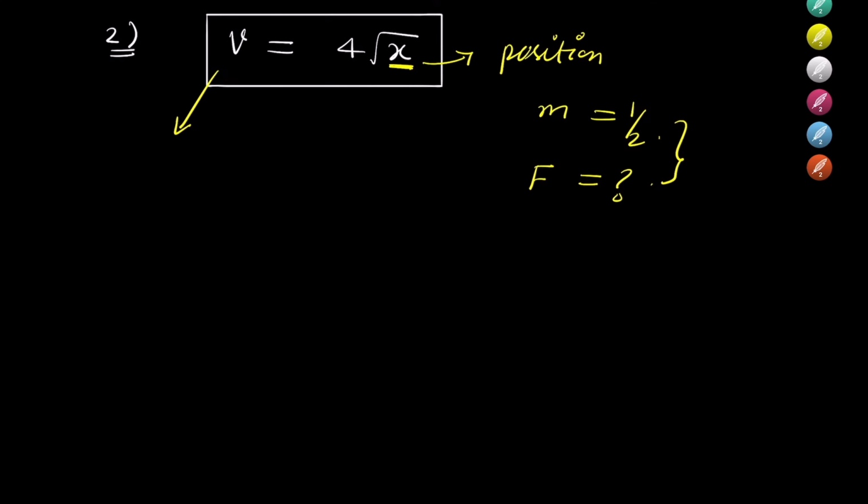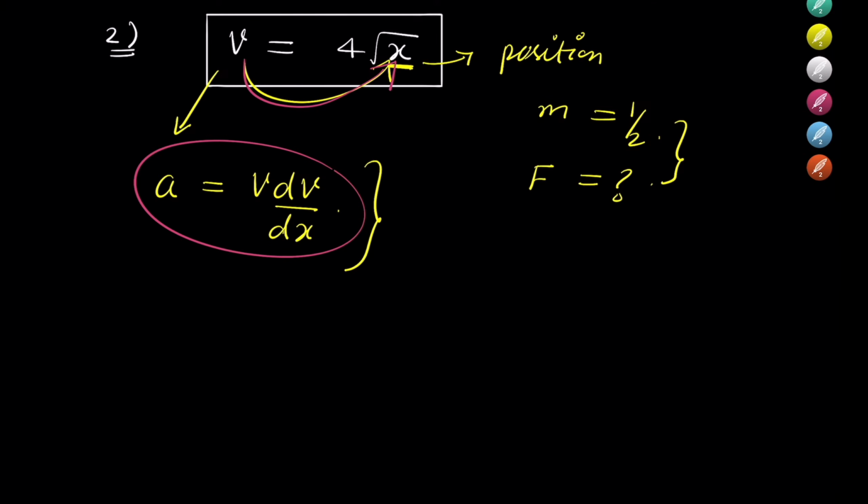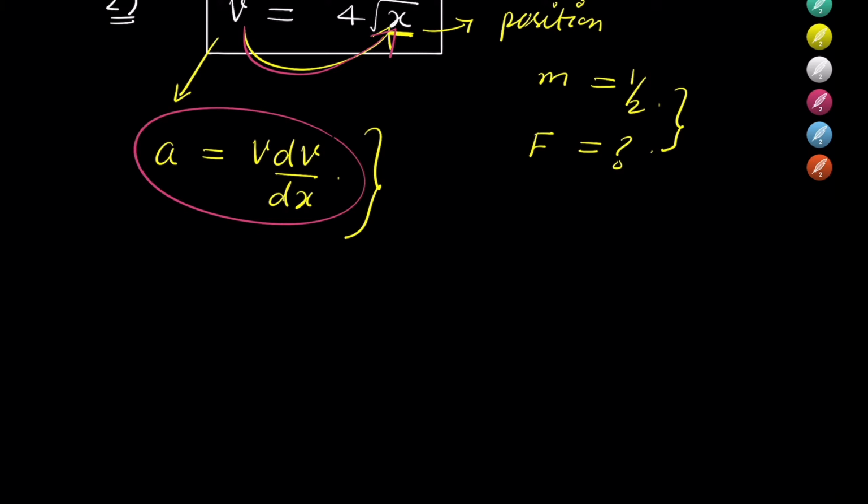Here we know that acceleration is given as v dv by dx, because here velocity is a function of position. So instead of dv by dt, we'll use this formula of v dv by dx. Velocity 4 root x into d/dx of 4 root x.